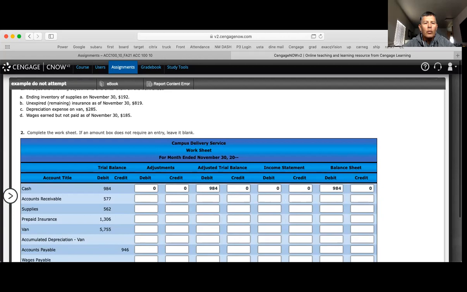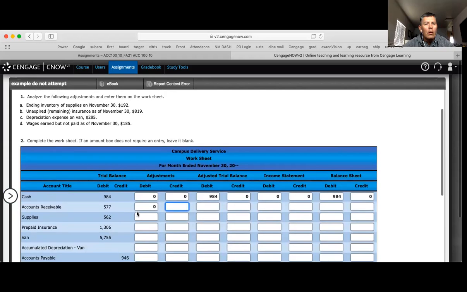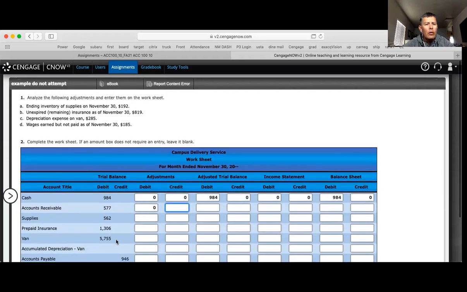So accounts receivable. We didn't make any adjustments here. Ending inventory of supplies, okay, supplies is what we're going to need to look at.